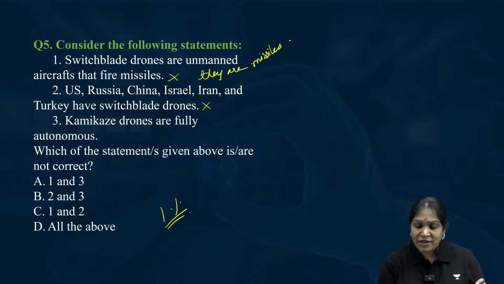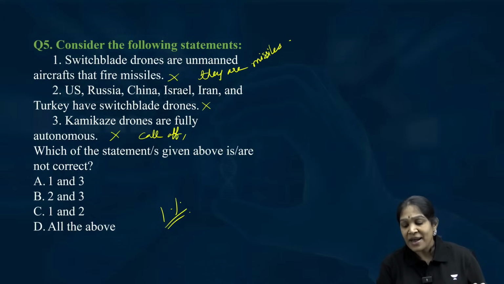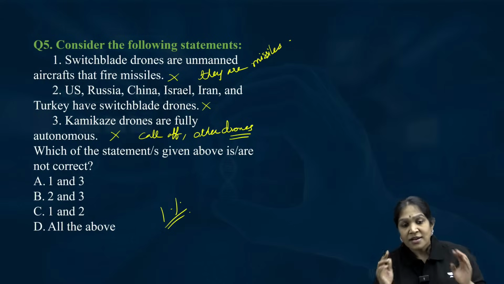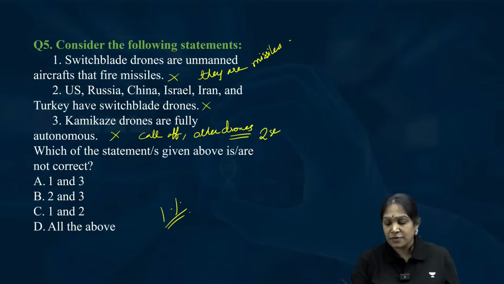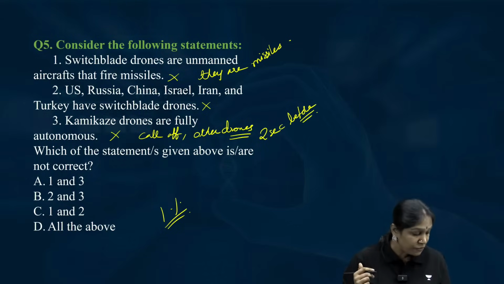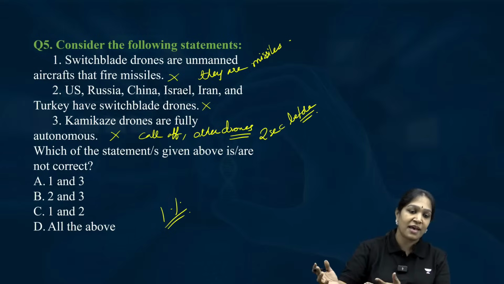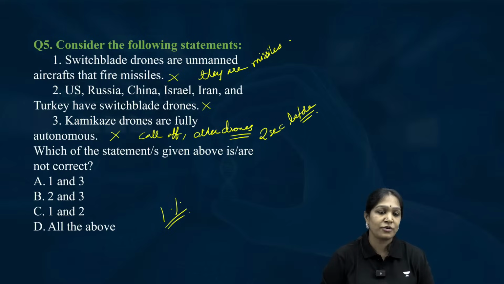Kamikaze drones are fully autonomous? No, you can call off the attack. You can give commands using the other drones, and even 2 seconds before, you can call it off. It should not be fully autonomous. By chance, if it is not a military tank but an ambulance, an already unfortunate person is going in the ambulance, and if you hit him again with a drone, how?